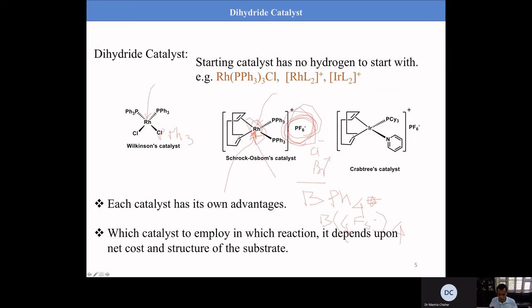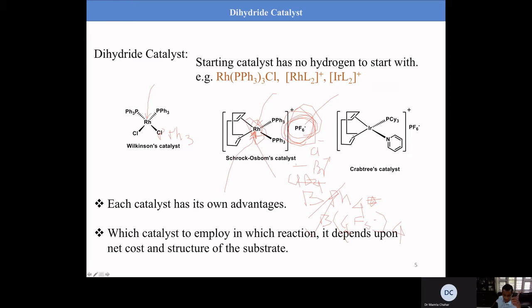So PF6 is not absolutely necessary, but it is also cheaper compared to any of these others, like BPh4. It is cheaper and readily available. Perchlorate could be another one, but as you know, perchlorate could be a little bit explosive, right? So considering all those things, and also commercial availability and cost of the starting materials, all these things come into the picture.